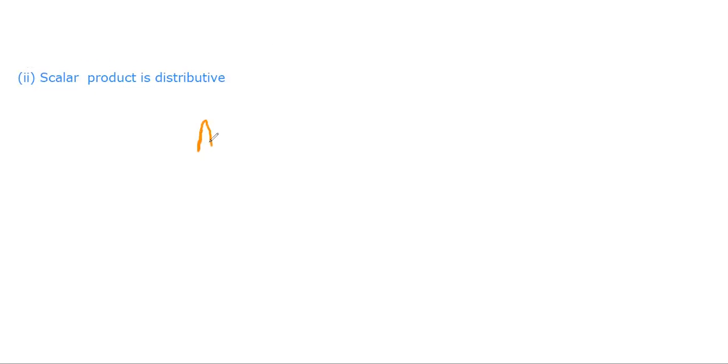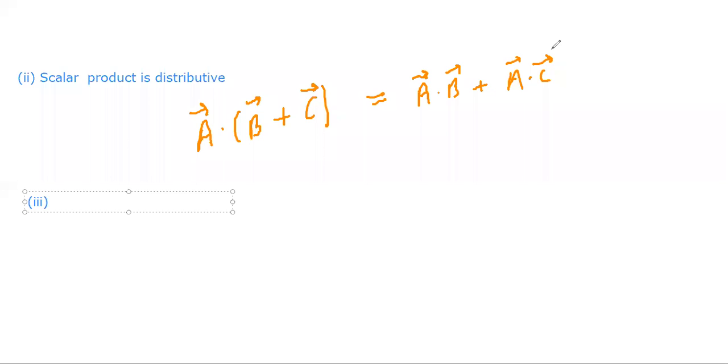This means that A dot B vector plus C vector is equal to A dot B plus A dot C. This is known as distributive law, and scalar product is distributive. That means A dot B plus C is equal to A dot B plus A dot C. The third property is that the scalar product of two perpendicular vectors is zero.